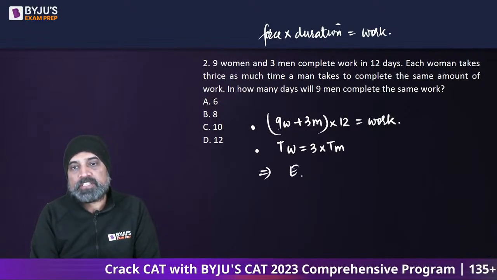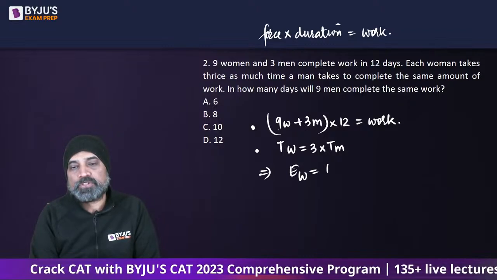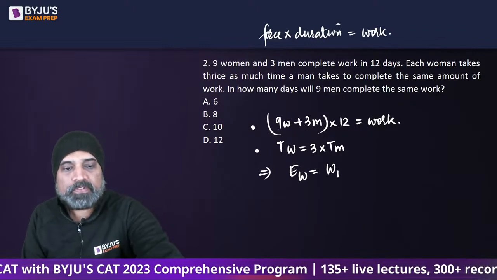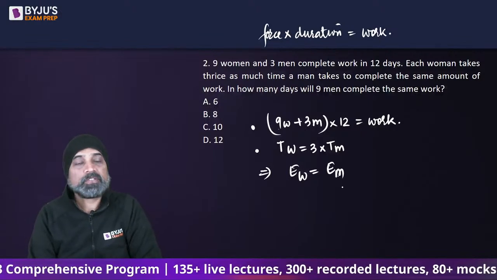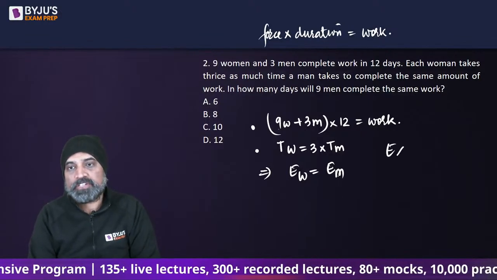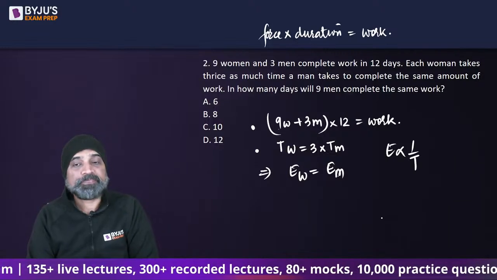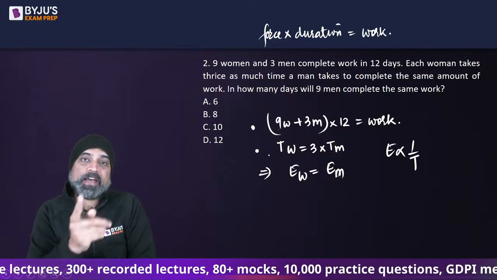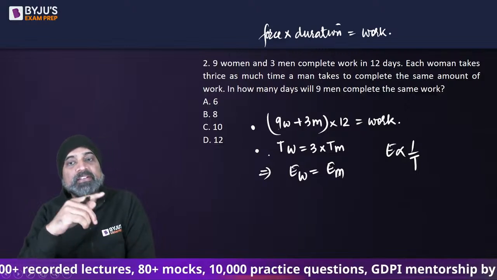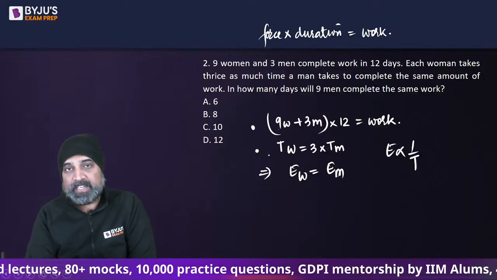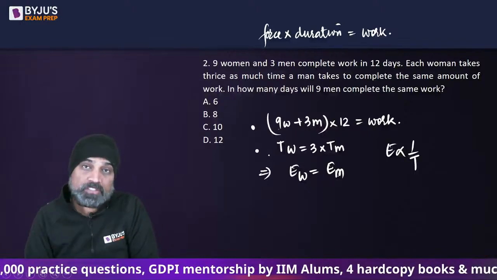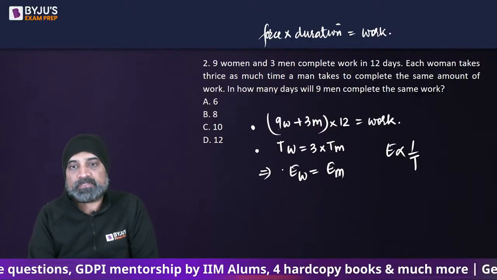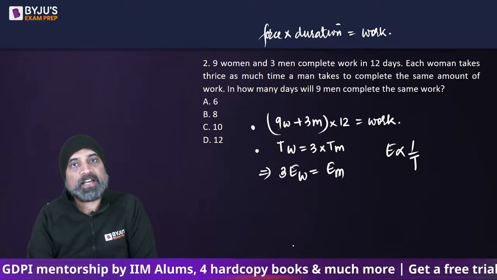So efficiency is inversely proportional to the duration that people take to finish work. So if you have 1 before W and 3 before the time taken by a man, inversely simply means you interchange the numerals, as in this is what we will have.